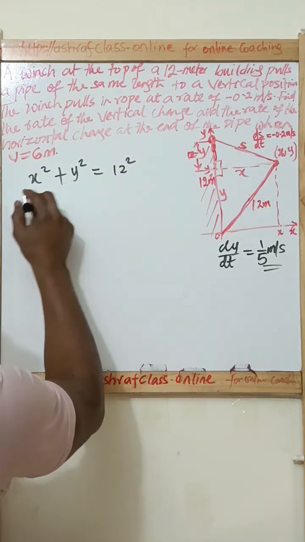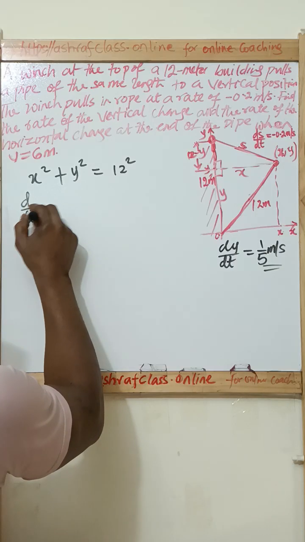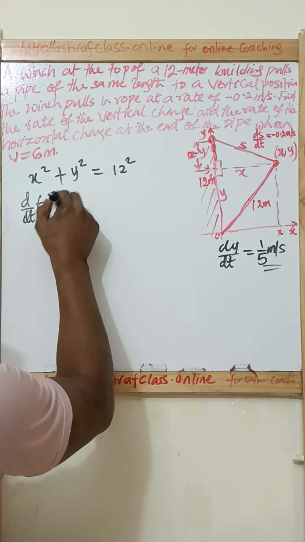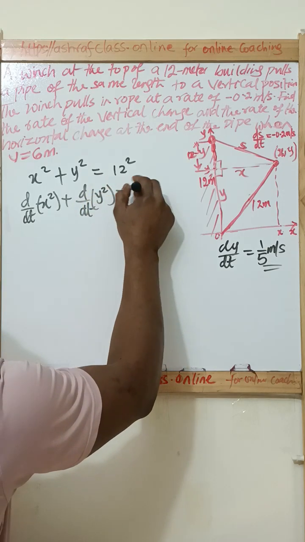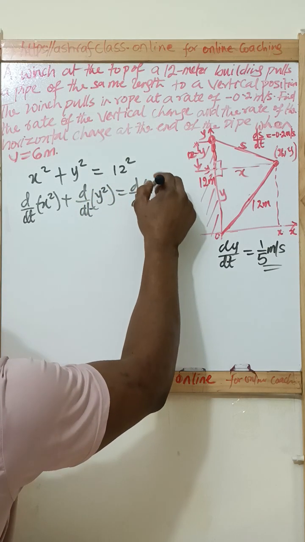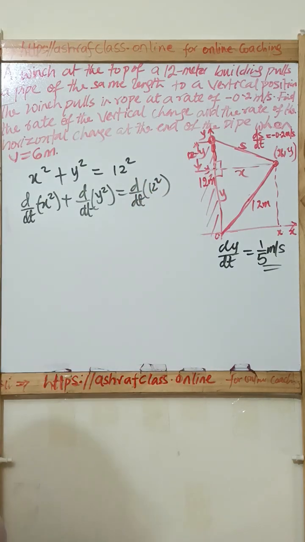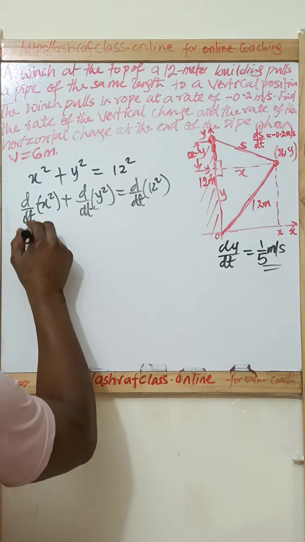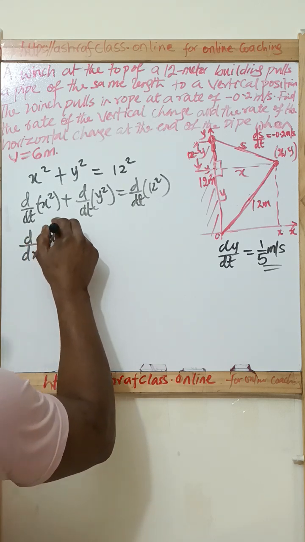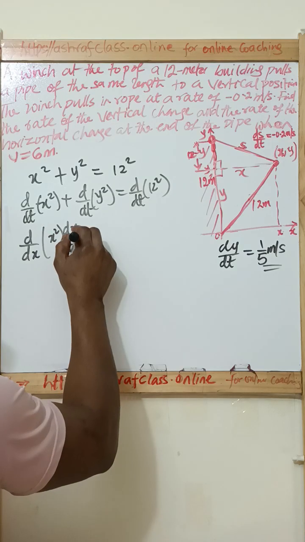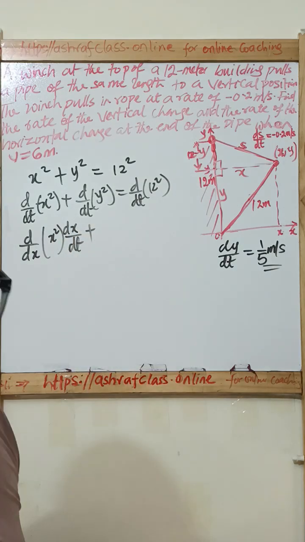So if you differentiate this, that will be d dt of x squared, d dt of y squared, d dt of 12 squared. So this is going to be d dx of x squared, the dx dt using chain rule, right?